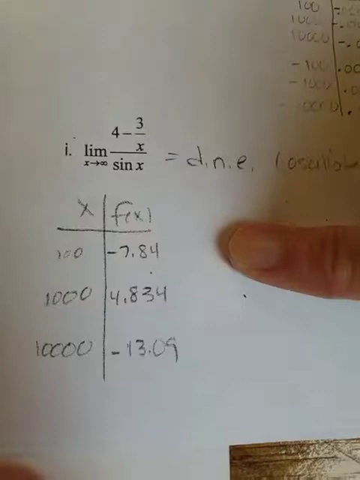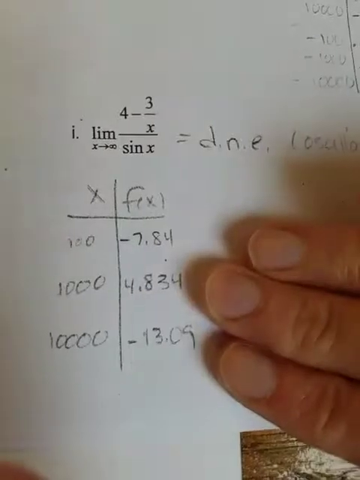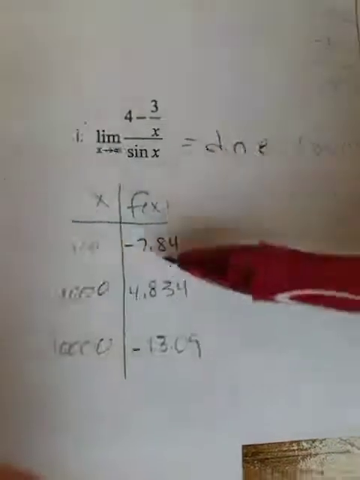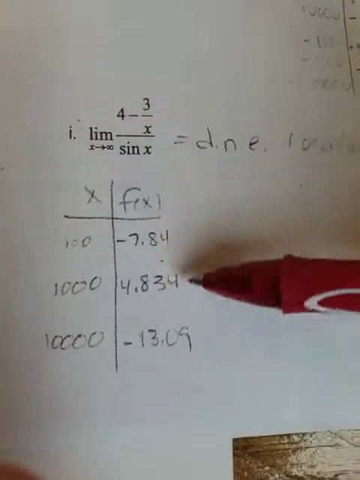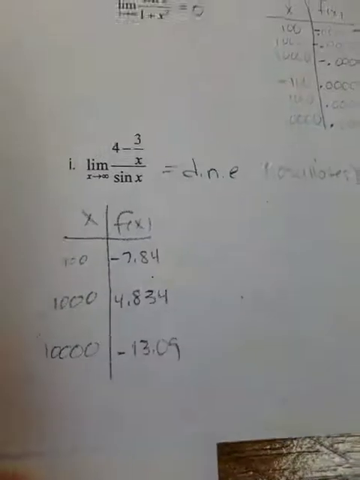I think I skipped G, okay. So again, the limit as x approaches infinity, trying to save on time here, put these values in for x, and you're going to see that this one oscillates as well, and so it's another example of does not exist.